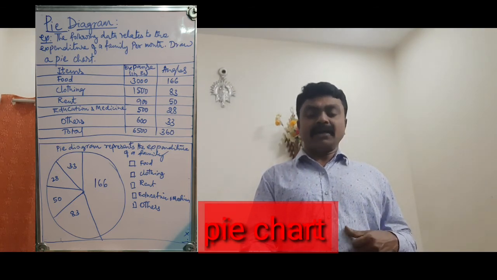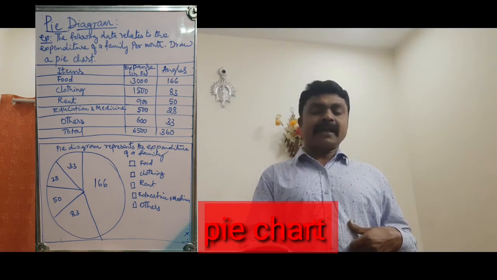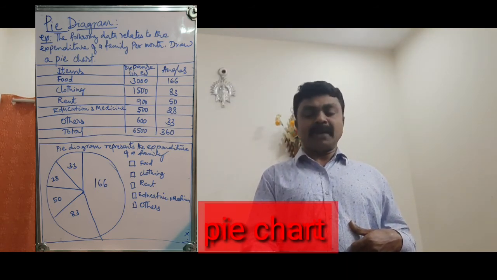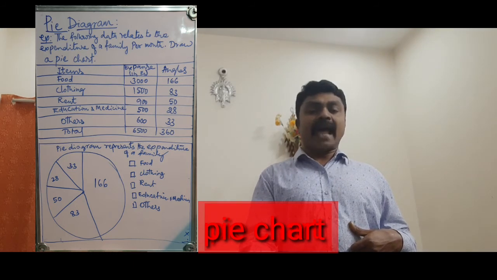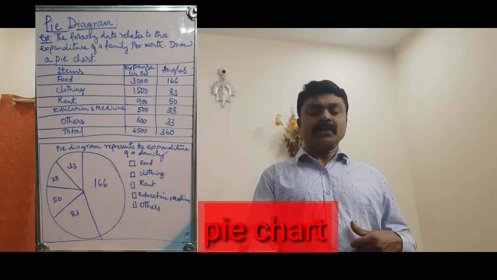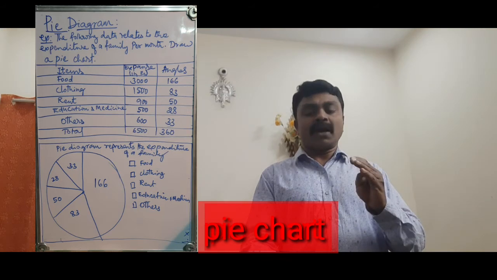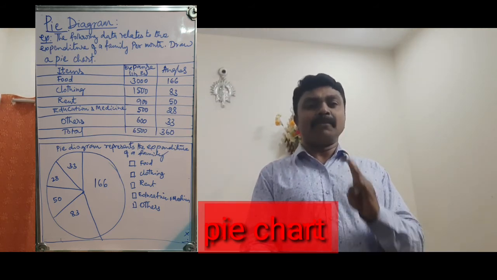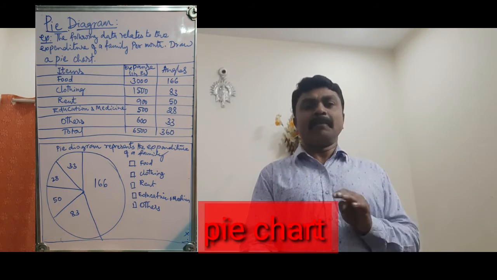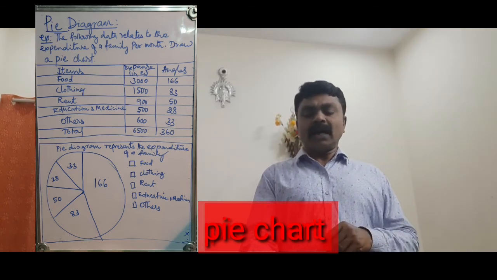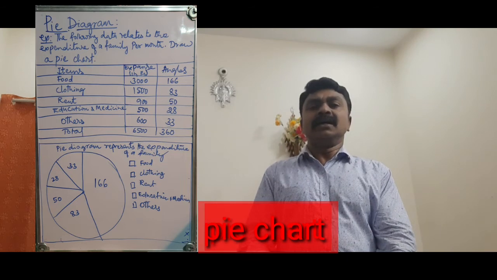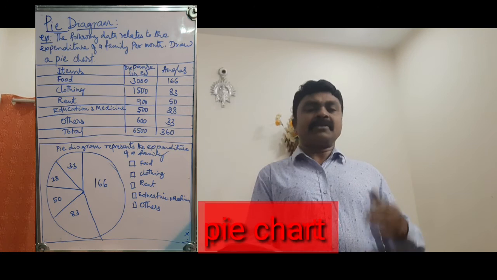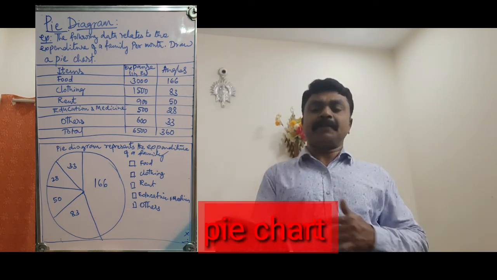This is done by computing the angle of each sector using the formula: angle of an individual component equals individual value over total value times 360 degrees. This is the formula for calculating a pie diagram. The best example is in the slides, which we can use as a solution.